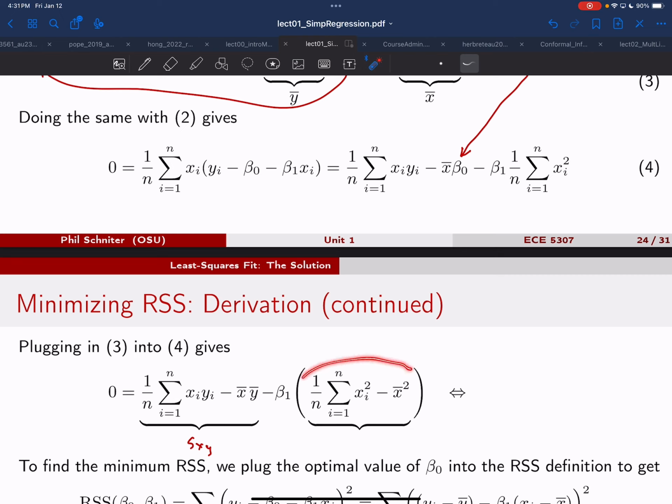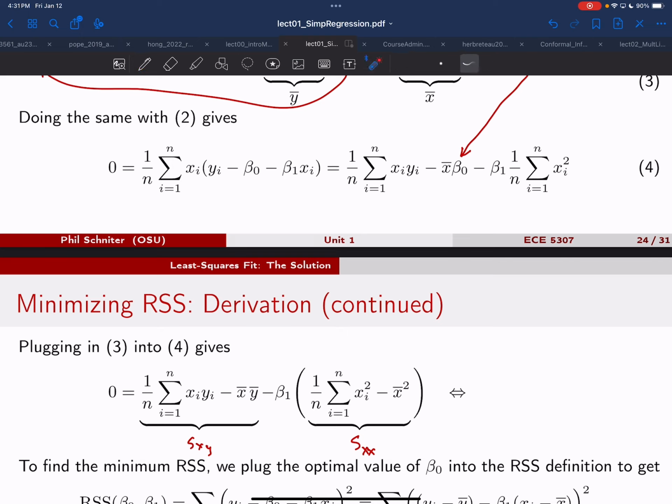Okay, so then what about this one? Let me ask someone else. Let's see, is Victoria Smith here? Okay. So what is the second one, Victoria? Yeah, we could write it as SXX, or we could write it as SX squared. I'll just write it as SXX. And so this is almost everything we need.